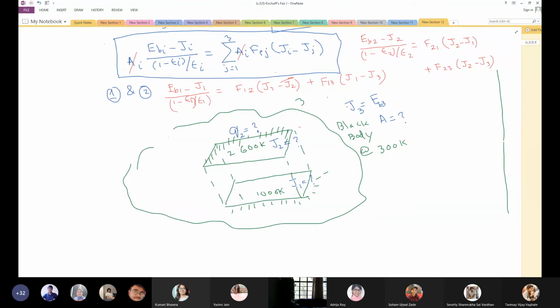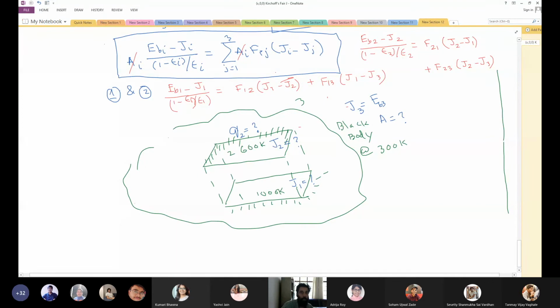F12, F21, F13, F23. Okay. So easiest to find out are F21 and F12. Because of symmetry, F21 equals F12.